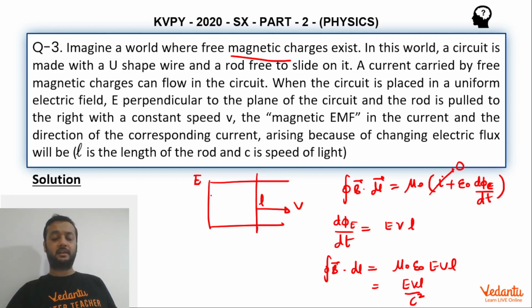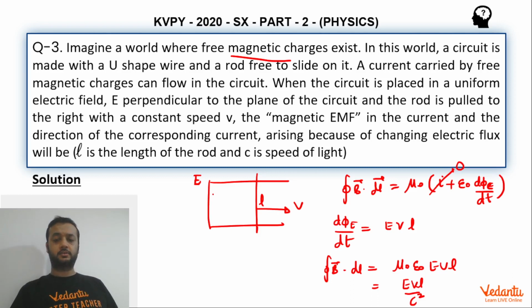But suppose the electric field was coming outside. Then if you keep your thumb outside, you can see that the magnetic EMF would have been in the anti-clockwise direction.